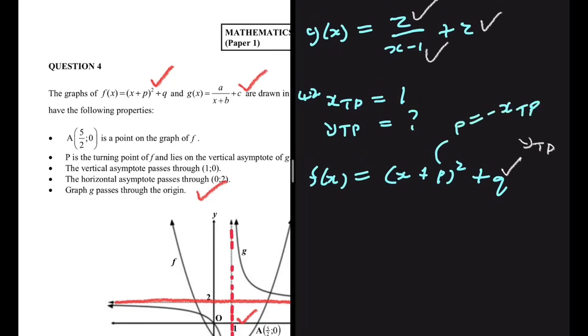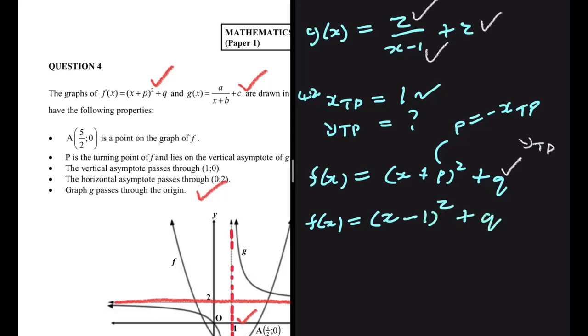Let's go ahead and substitute that before you start feeling bamboozled. We're going to have f of x equal to (x + p) squared + q, where p is equal to minus x at the turning point. We said that x at the turning point is equal to 1, so we must substitute minus 1 here. Everything squared plus q, y at the turning point.